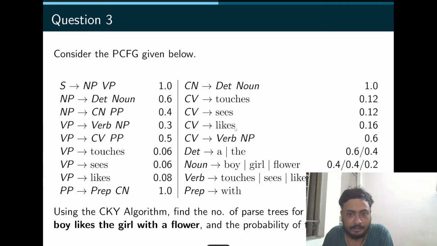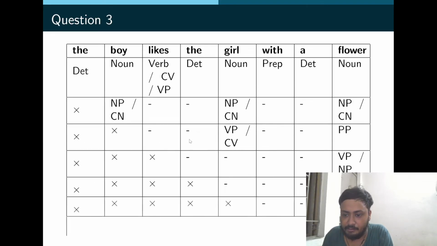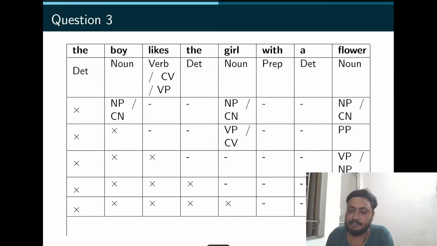Yeah, so verb and NP gives CV as well, right? We could have used that rule over here as well. So this would have been VP or CV, but then CV won't lead us to the final string, so that's okay. But ideally CV should have been written here as well. I forgot to write that one.